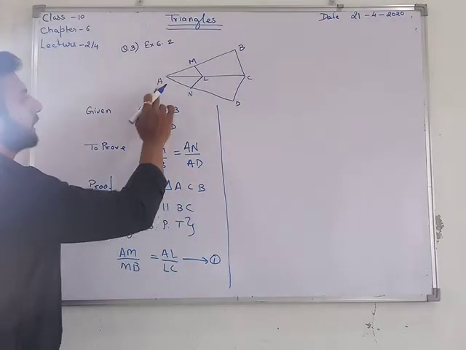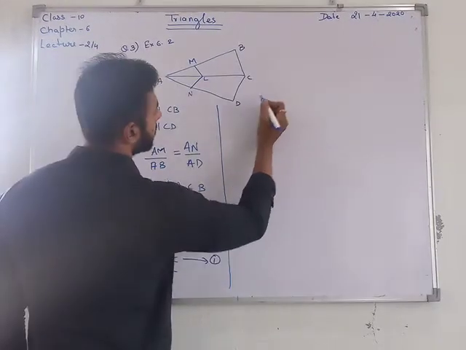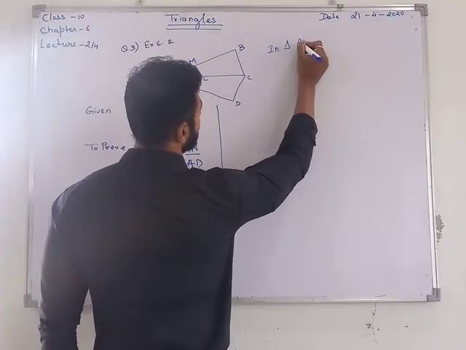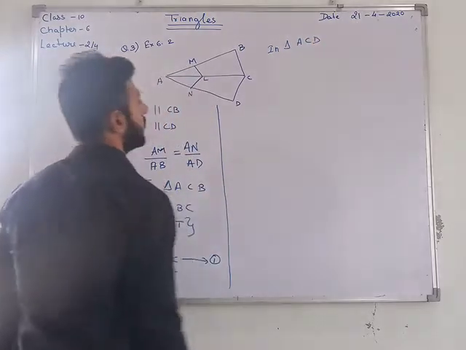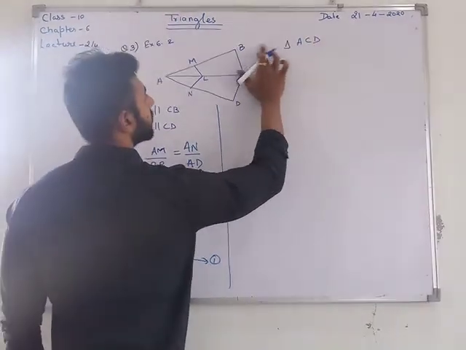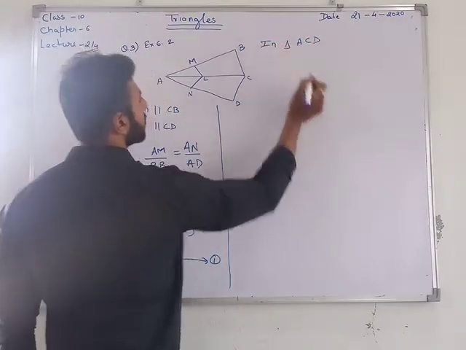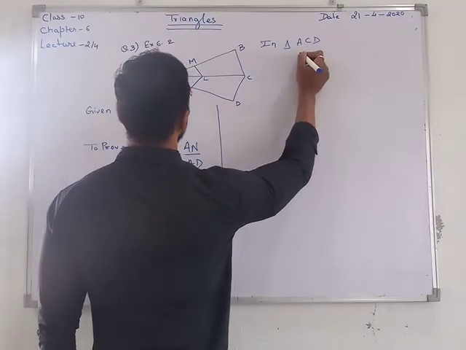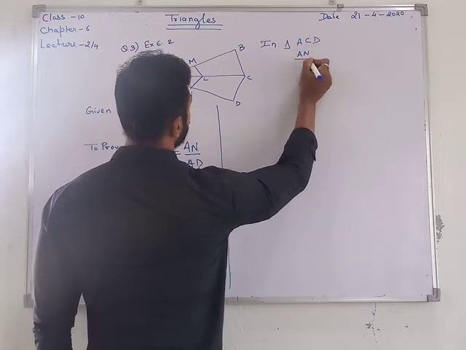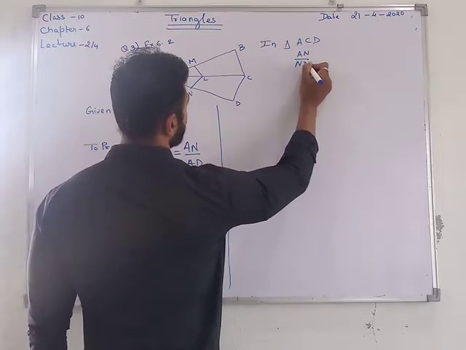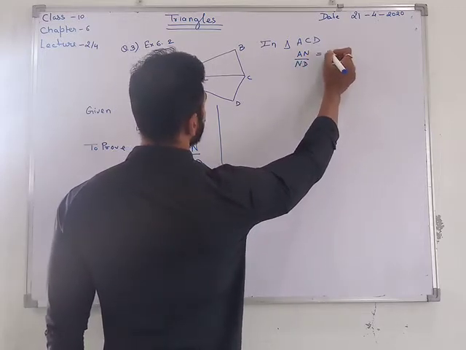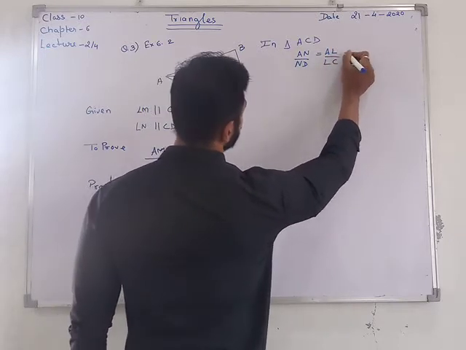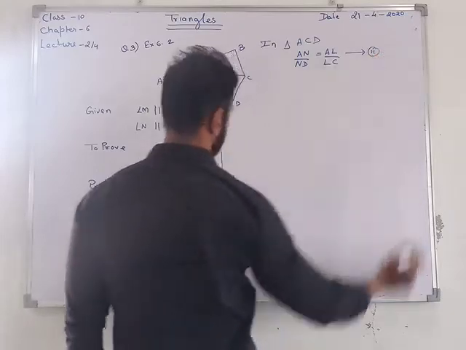Now we are taking the triangle ACD. In triangle ACD, AN upon ND is equal to AL upon LC. This is second.